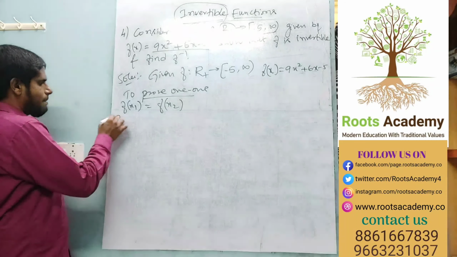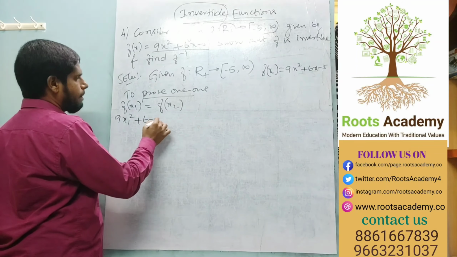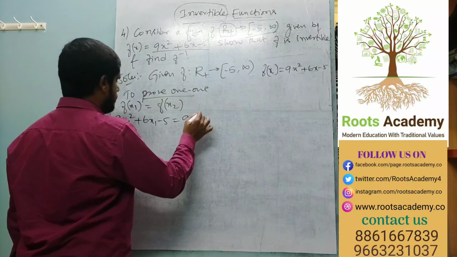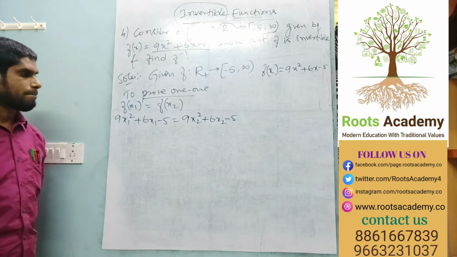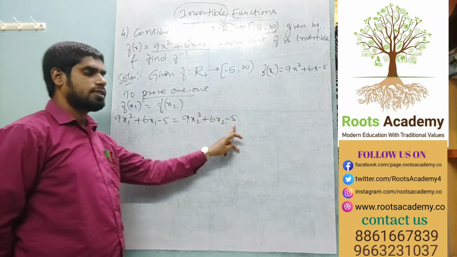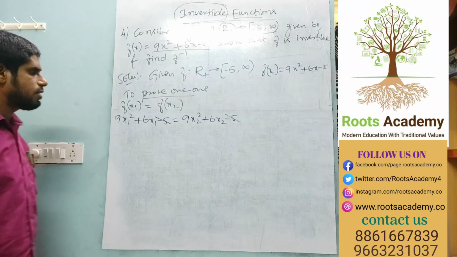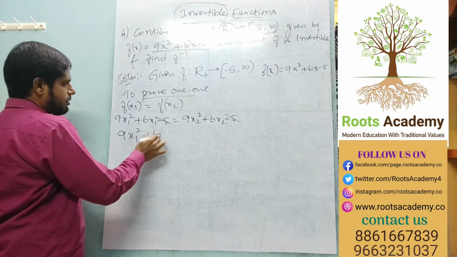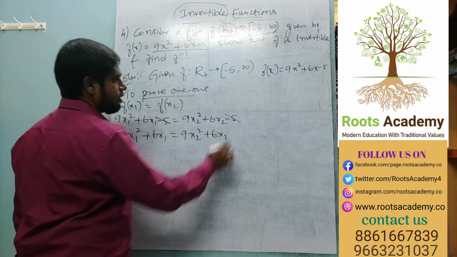What is f of x1? 9x1 square plus 6x1 minus 5, and this is equal to 9x2 square plus 6x2 minus 5. Here first we will target constants. So first we will remove minus 5 and minus 5, that gets cancelled. So the left out part is 9x1 square plus 6x1, that is equal to 9x2 square plus 6x2.